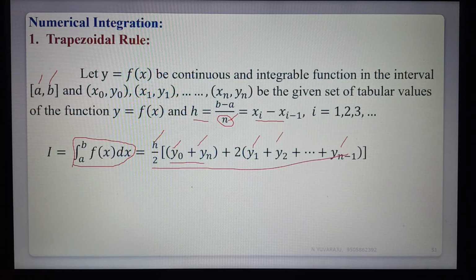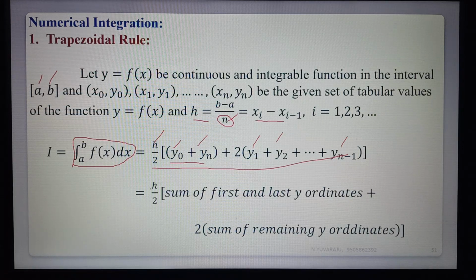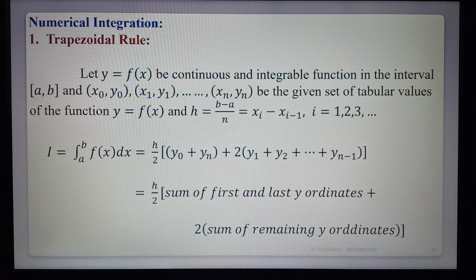So the trapezoidal rule is h by 2 into the sum of the first and last y ordinates plus 2 into the sum of the remaining y ordinates. This is the first formula, the trapezoidal rule.